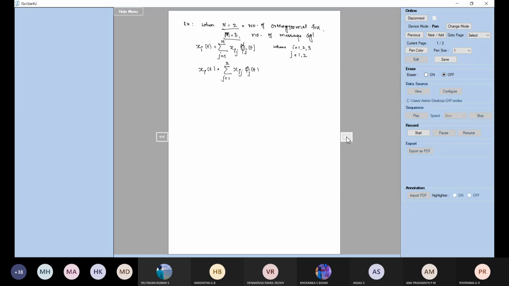At i equal to 1, how do you represent these signals?